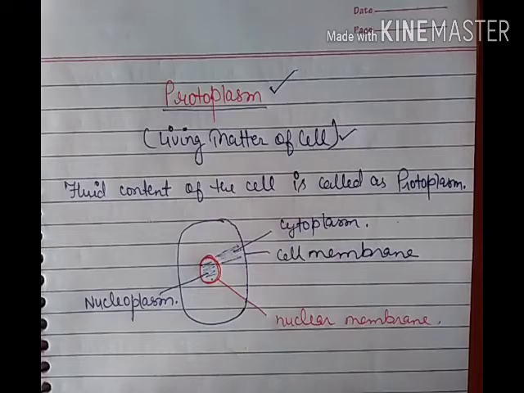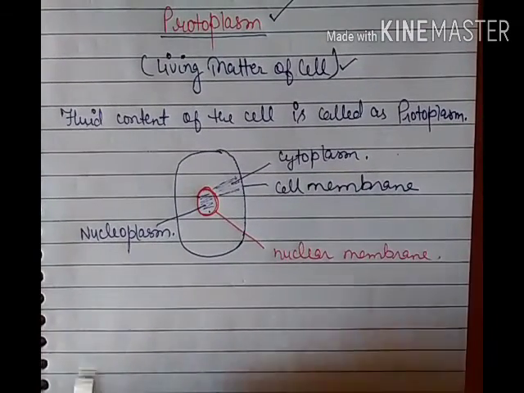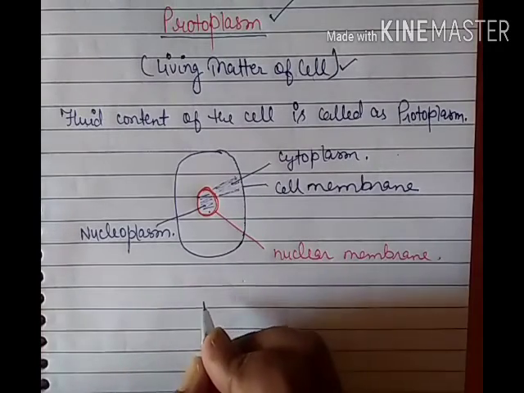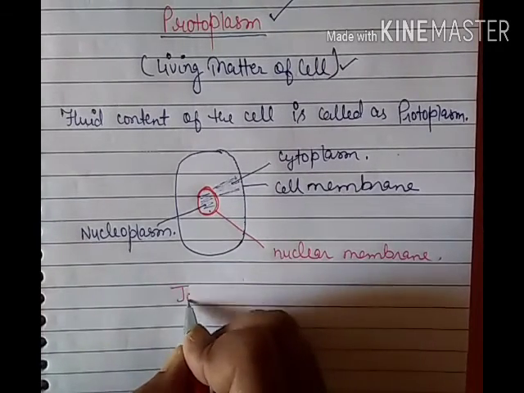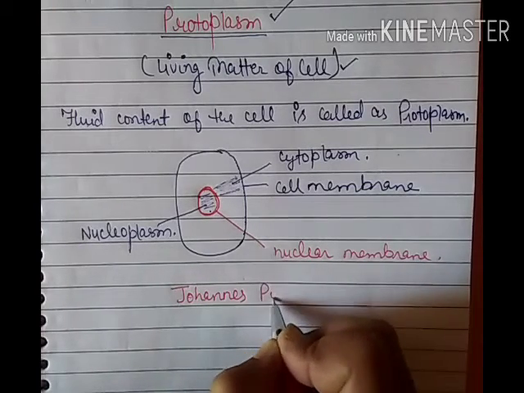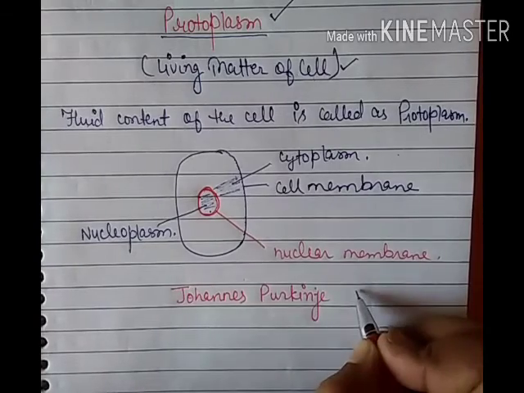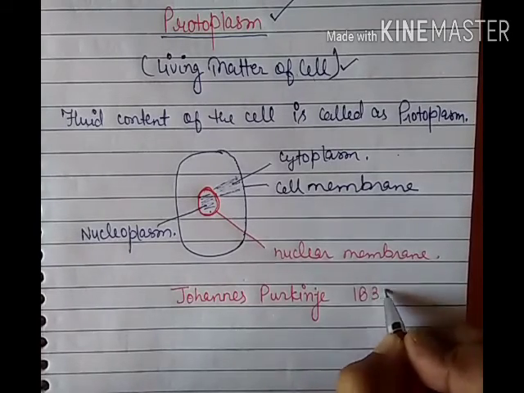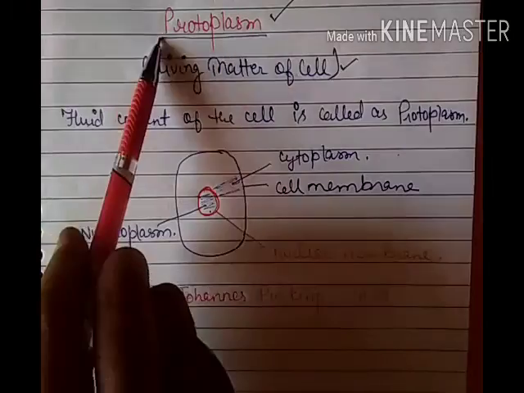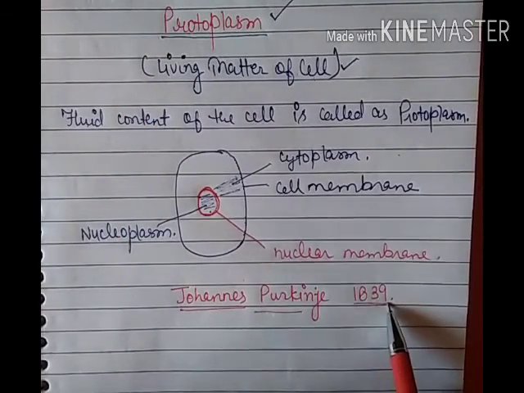This term protoplasm was given by a scientist named Johannes Purkinje in 1839.